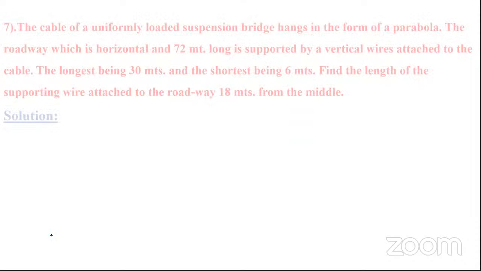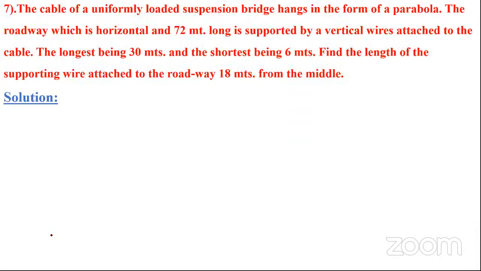So this is the most important problem. The cable of a uniformly loaded suspension bridge hangs in the form of a parabola. So what is it saying? The cable of a uniformly loaded suspension bridge hangs in a parabola, which means it looks like this.